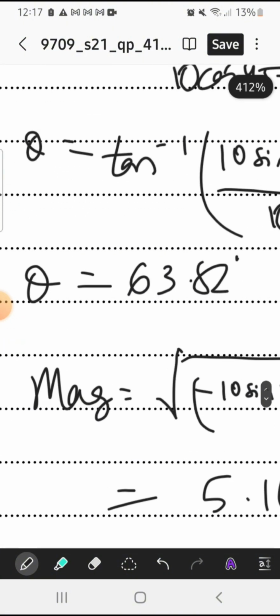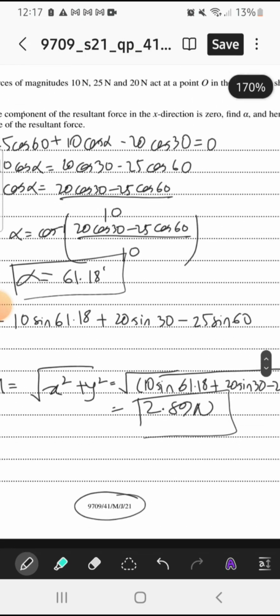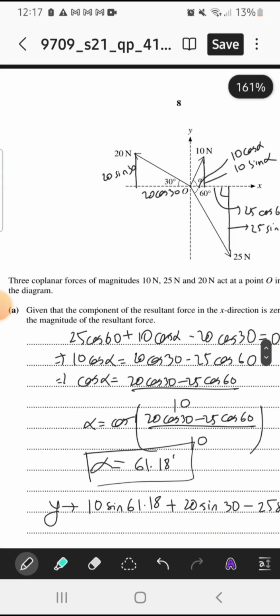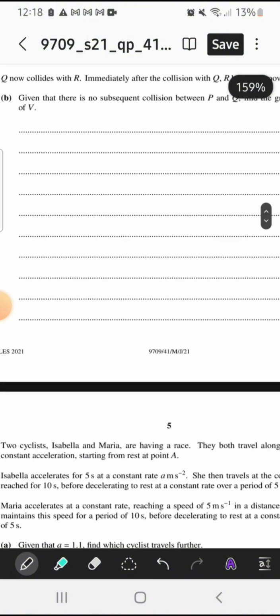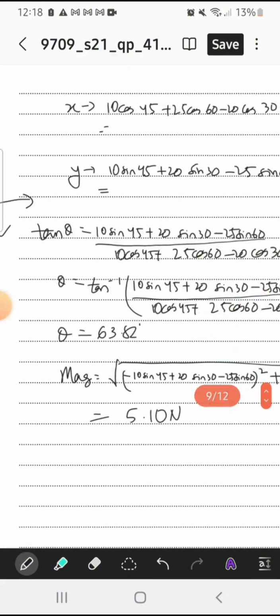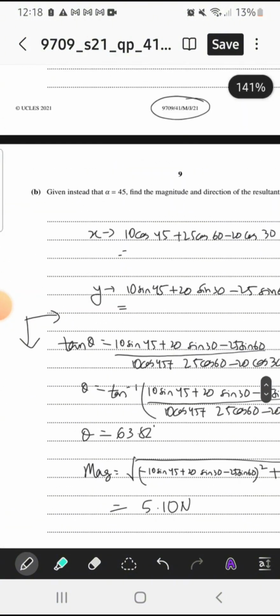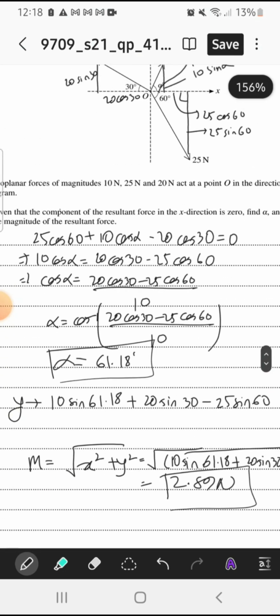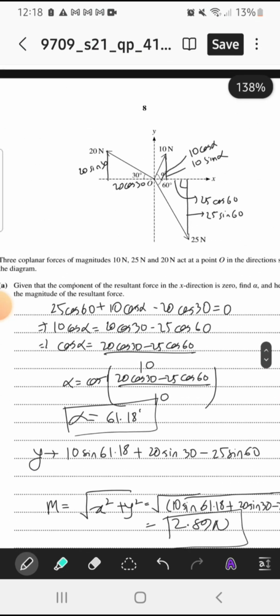Because I'm writing it in theta right here, I realize that I also have to write it down normally here. The angle alpha is correct here, so nothing is wrong there. But for our angle theta, I just realized I need to write it in bearing form, because we have to give our direction. We cannot just give our angle theta.